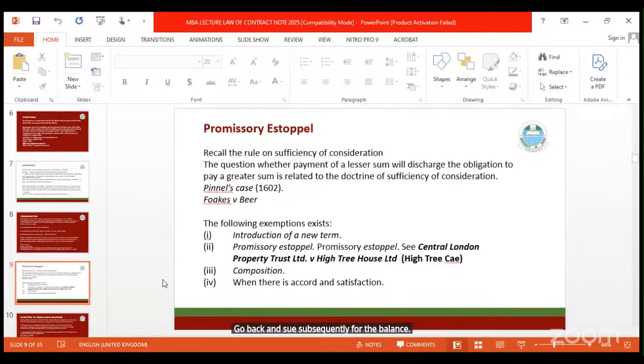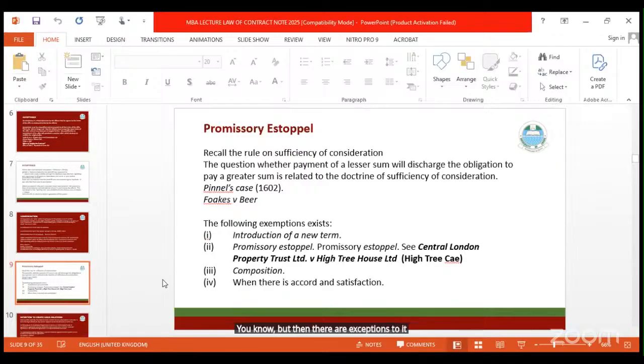Now, this is what the doctrine of promissory estoppel talks about here. As a general rule, it cannot. That is, payment of a lesser sum of money will not discharge you from the original obligation of paying the full balance. That's what the general rule says. But there are exceptions to it.